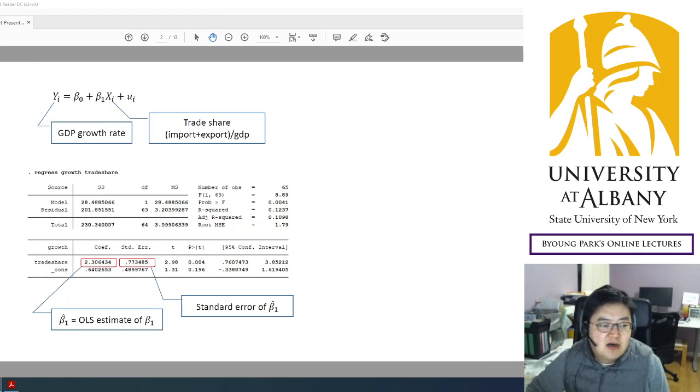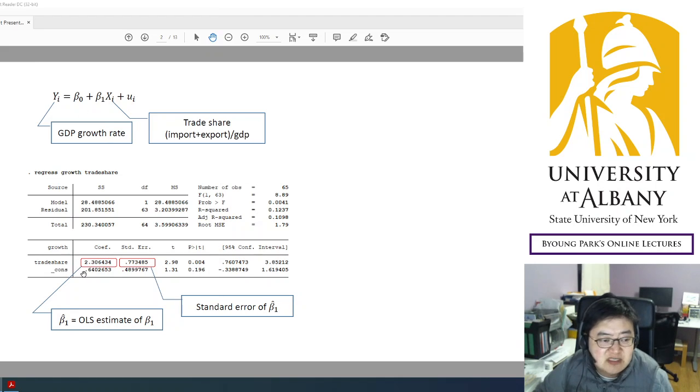Hi again. So in the previous lecture, I explained how you read the table, especially those four numbers. So the estimates for beta 0 and beta 1, which is the key essence of the estimate, is presented here.